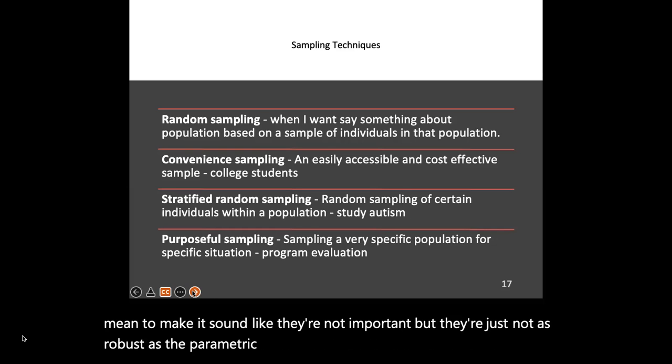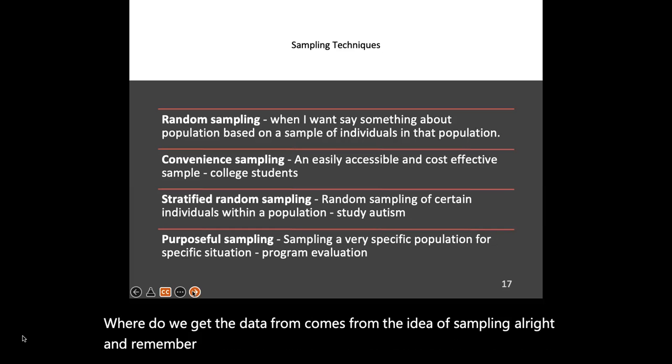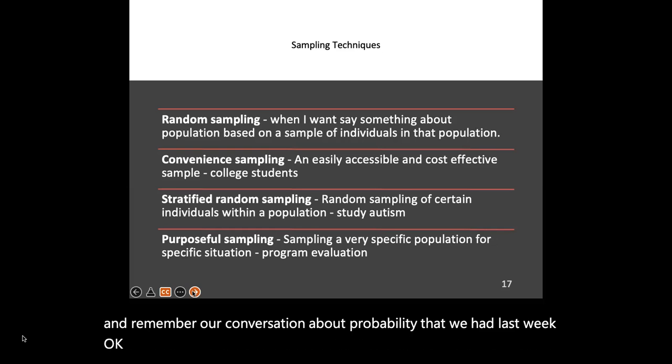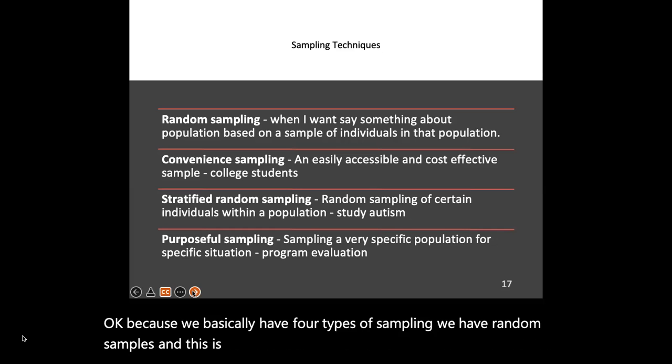Okay. Now, where do we get the data from? It comes from the idea of sampling. All right. And remember our conversation about probability that we had last week. Because we basically have 4 types of sampling. We have random samples, and this is when anybody within a population has equal chances of being measured.